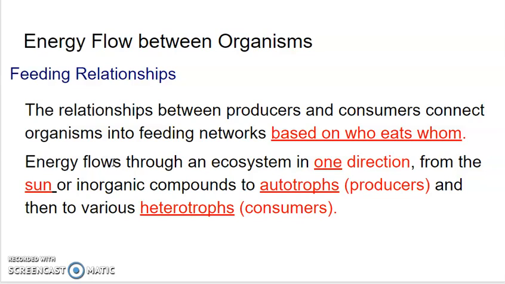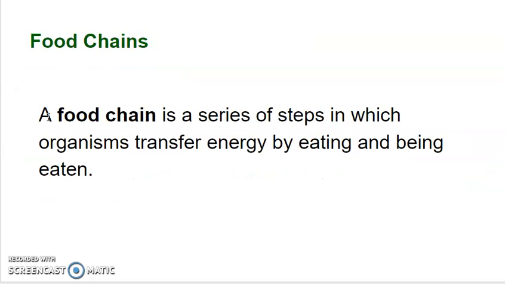So energy flows through an ecosystem in one direction, from the sun to producers and from producers to consumers. A food chain is a simple way to explain the steps of energy transfer by being eaten or by eating.